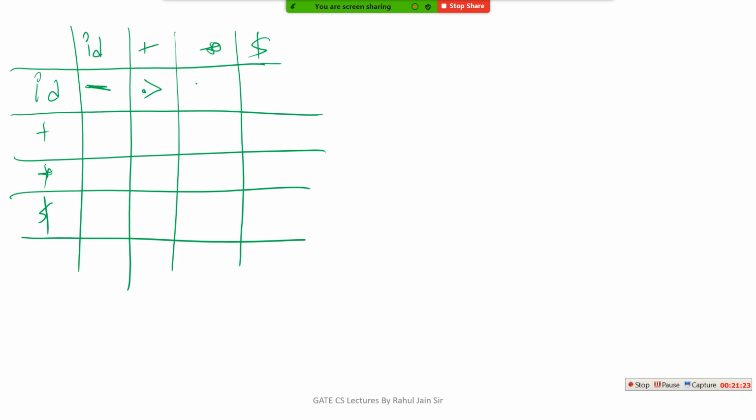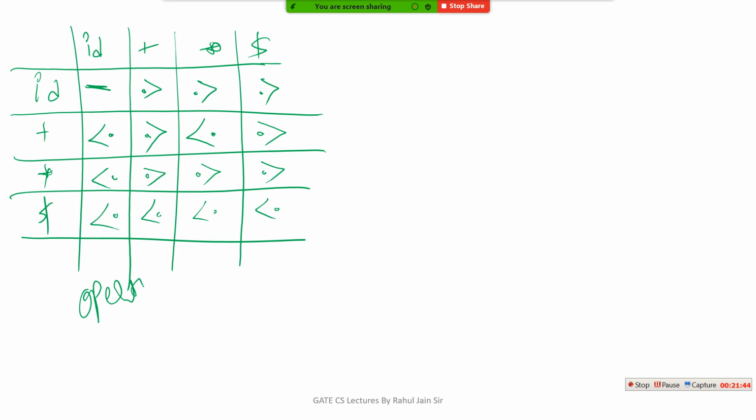ID and plus. It is my operator precedence parsing table.